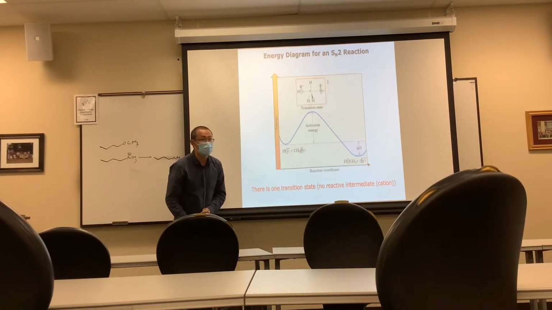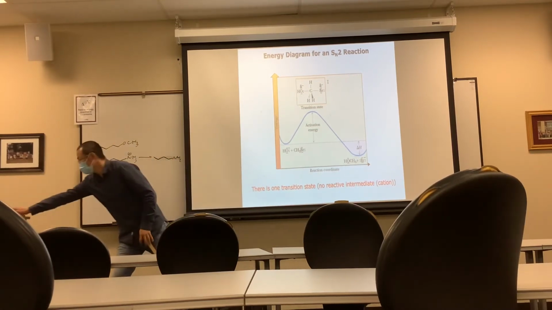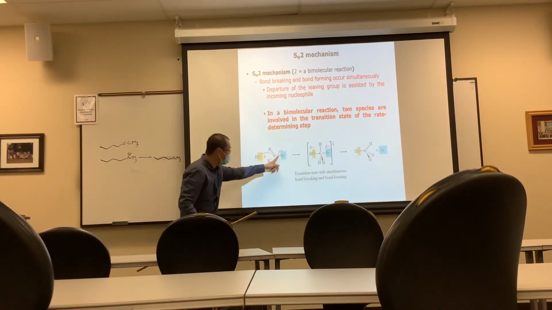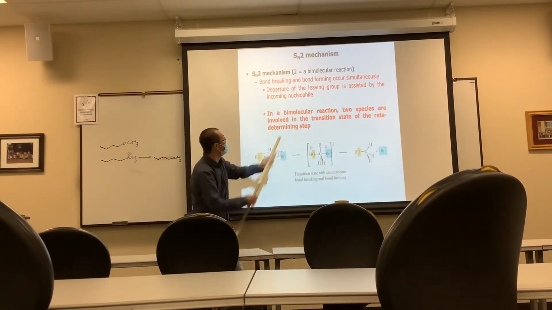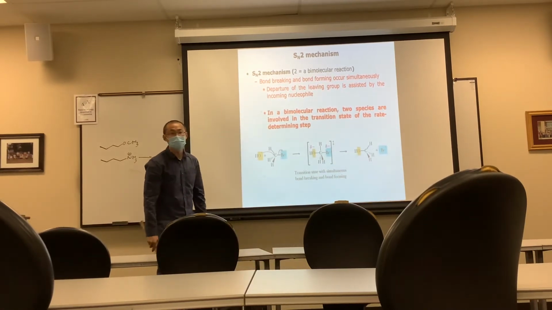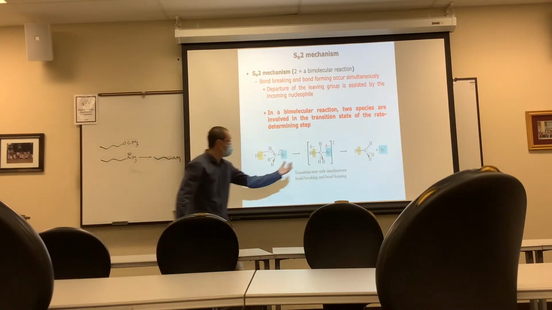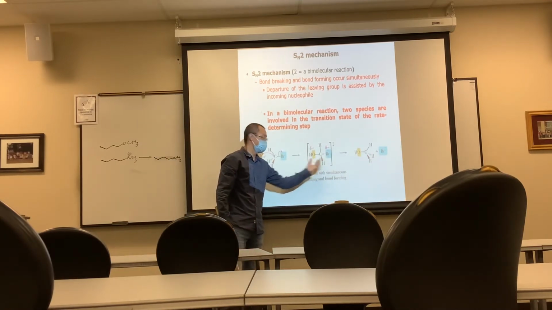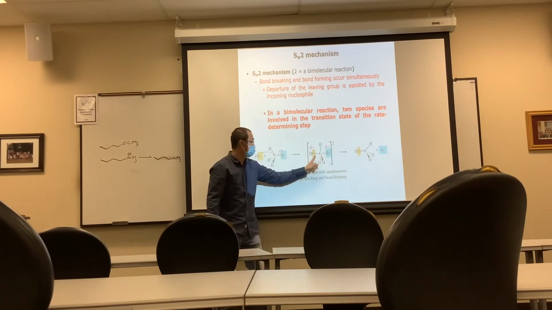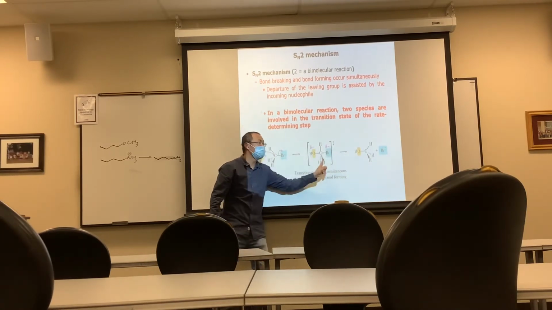Why SN2 again, guys? SN2 means the bond forming and the bond breaking happen at the same time, simultaneously. And because of that, your transition state involves how many things? Two. You see that? They're both in here, right? This is the nucleophile. This is the electrophile.